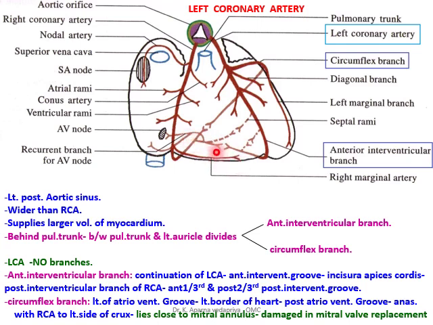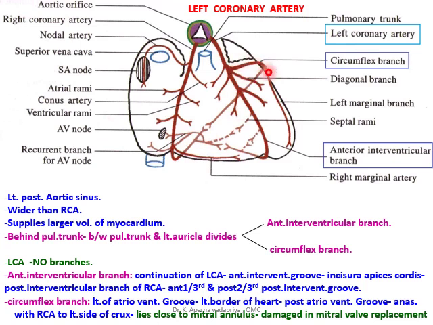So this anastomosis between the anterior interventricular artery and the posterior interventricular artery happens at the junction of the anterior 1/3 and posterior 2/3 of the posterior interventricular groove.